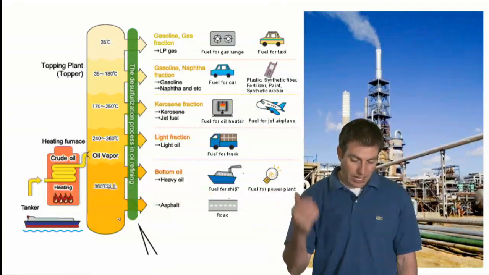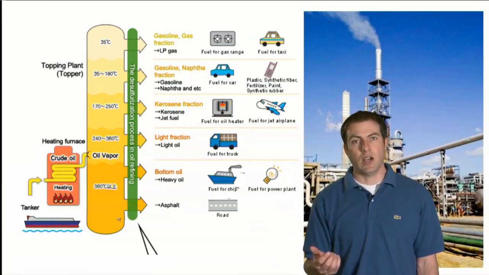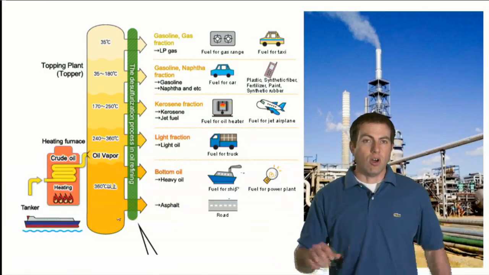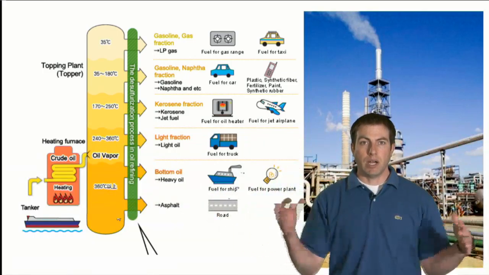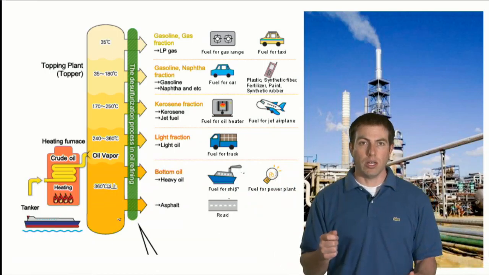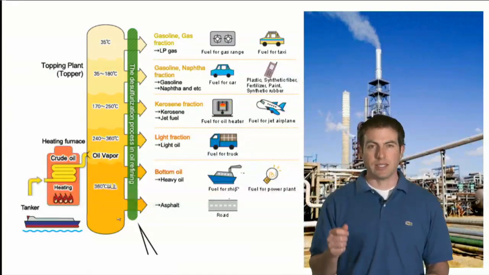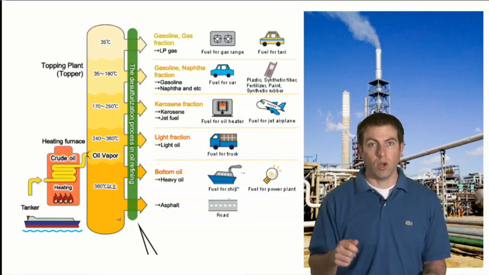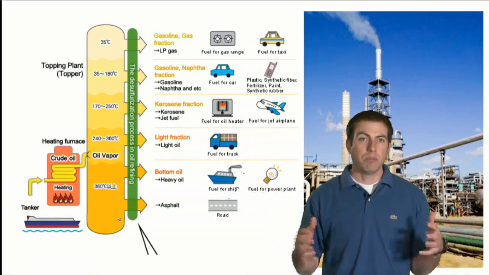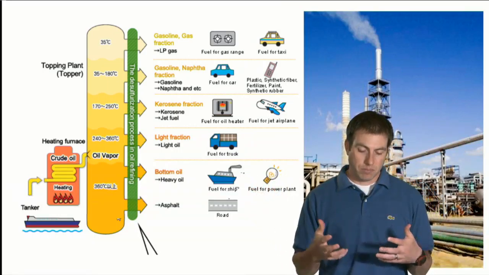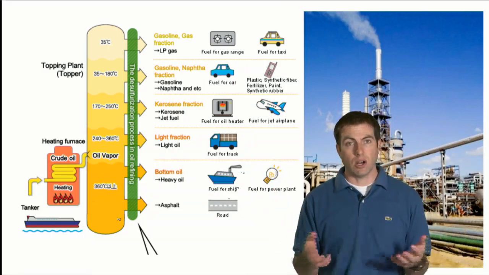I forget the exact statistic. I wish I would have written it down, but if you imagine all the cars on Earth and you combine them all together and you turn them all on, there's something like 6 of the biggest tanker ships in the world that produce as much pollution as all of the cars combined.